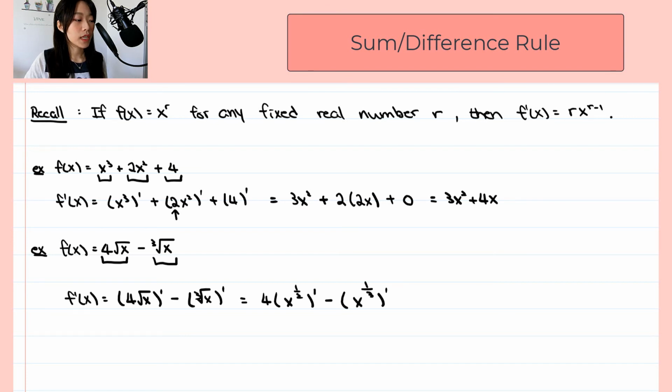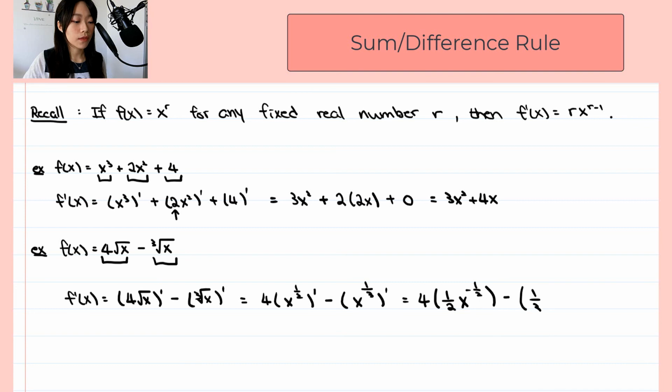So now let's use the power rule. So this equals 4, the constant, times r for the first function, which is 1 over 2. So this equals 1 over 2 times x to the power of 1 over 2 minus 1, which equals negative 1 over 2. Minus, the r for the second function is 1 over 3.